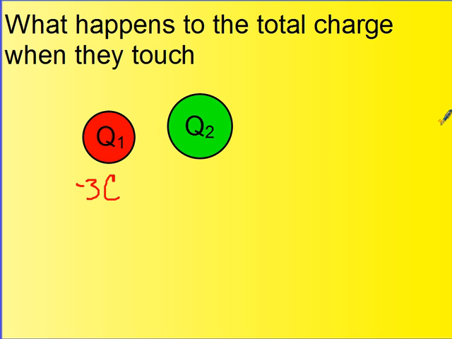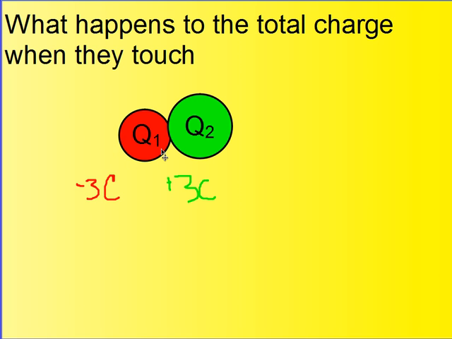And let's say Q2 is positive 3 coulombs. What happens when I let them touch? You're exactly right. You add negative 3 to positive 3, and what do you get? You get 0 coulombs. So this thing becomes neutral.